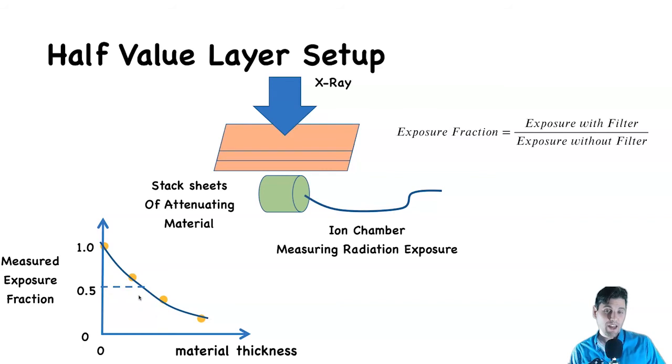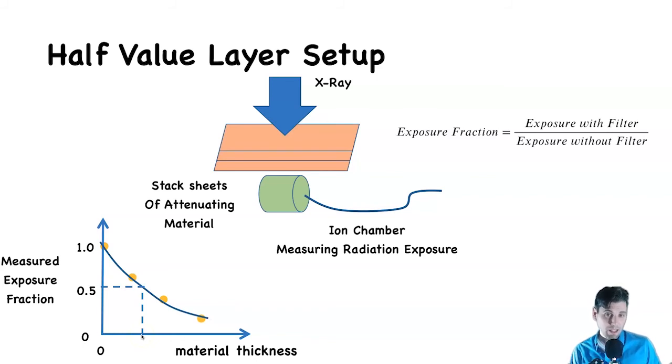So the definition of the half value layer is when the exposure is 1/2 of what it is without any material. So even if we don't have a measurement that's exactly at the half value layer, we can do a fit here to this curve. We draw a line at 1/2 here, and then the value for the half value layer is right here. So whatever this turns out to be on this axis, some number of millimeters of the given material.